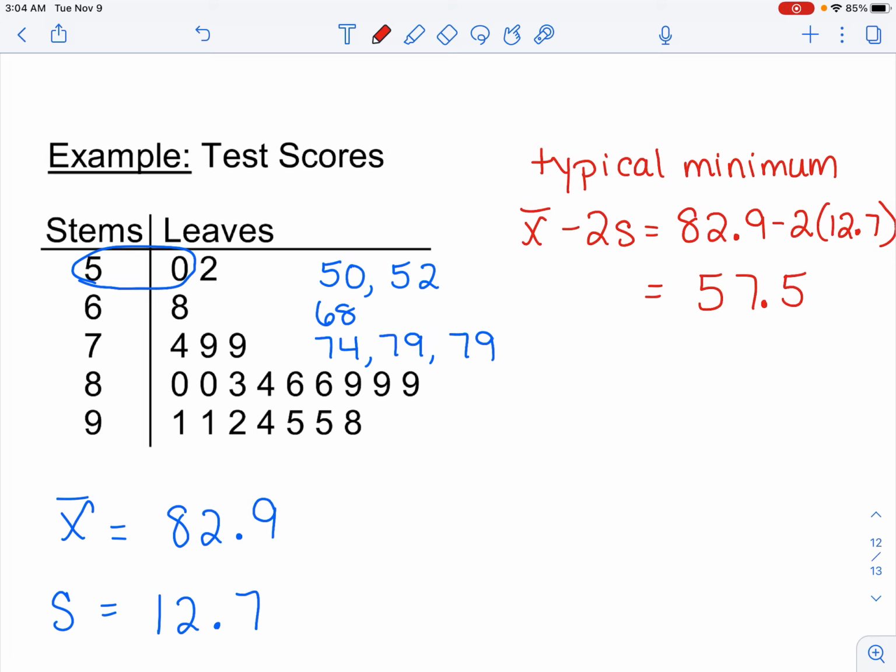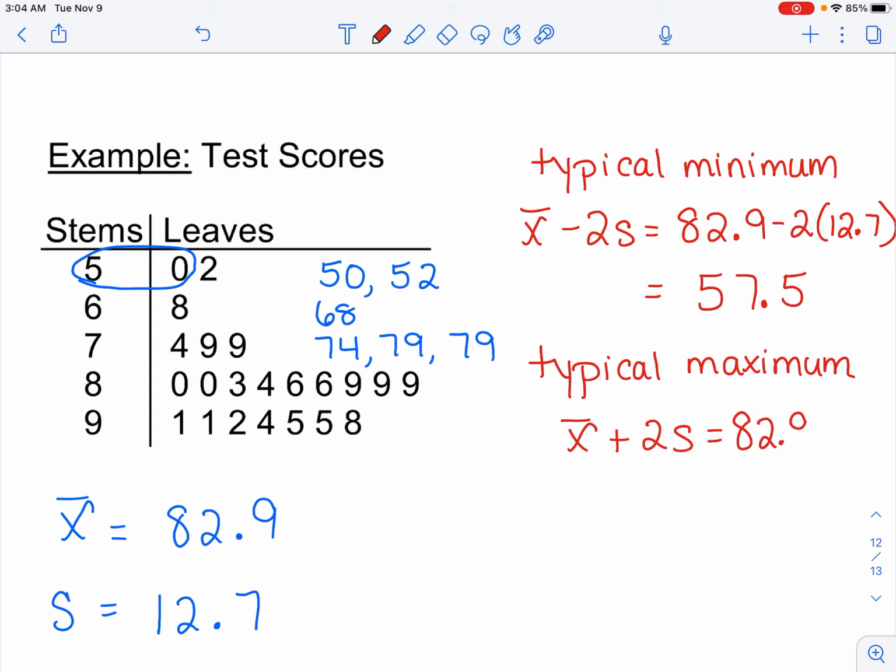Okay, and then if I figure out my typical maximum, using the same formula but with addition instead, I'm going to get x bar plus 2 standard deviations is 82.9 plus 2 times 12.7. There we go. And that computation comes out to 108.3.